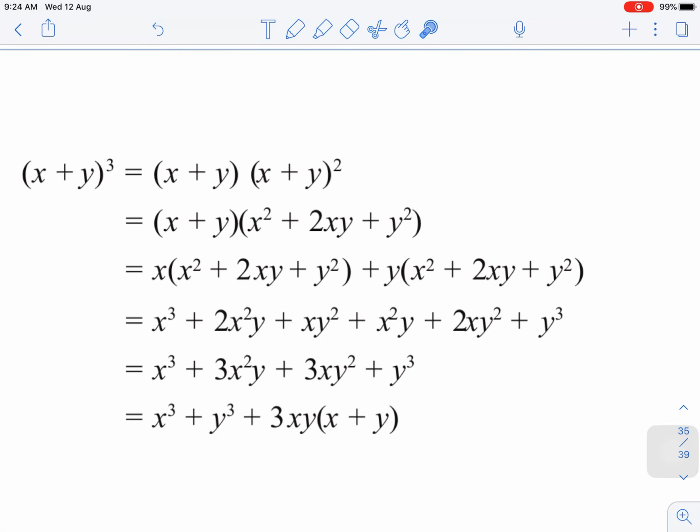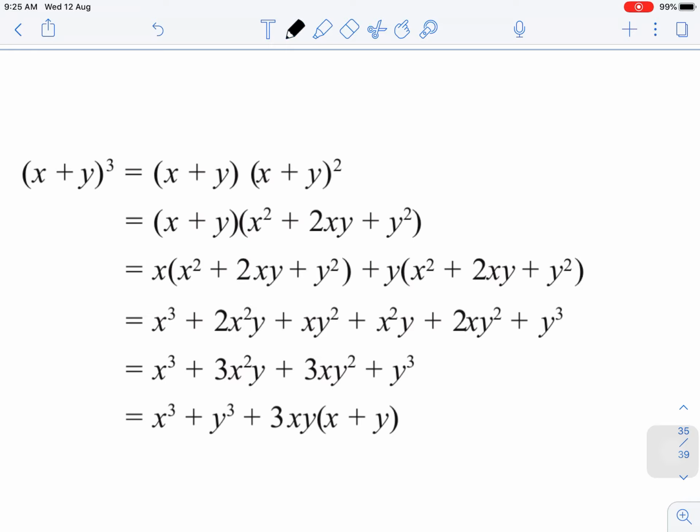So now we have (x plus y) bracket cube equals (x plus y) square. This cube indicates that this (x plus y) is repeating itself 3 times, so this is 1 time and this one 2 times. Now this (x plus y) bracket square we have expanded as x square plus 2xy plus y square.